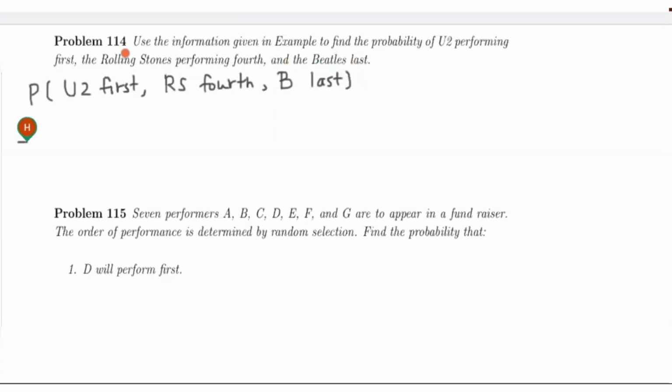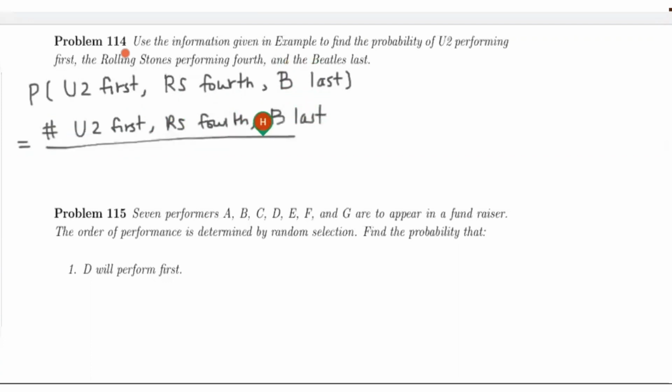That is the number of ways to choose U2 first, Rolling Stone fourth, and Beatles last, all over the total, with no restriction. So let's do it. Again, I put the number line 1, 2, 3, 4, 5. U2 positioned, Rolling Stone fourth, Beatles last.